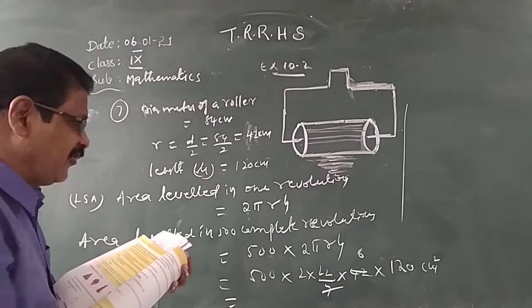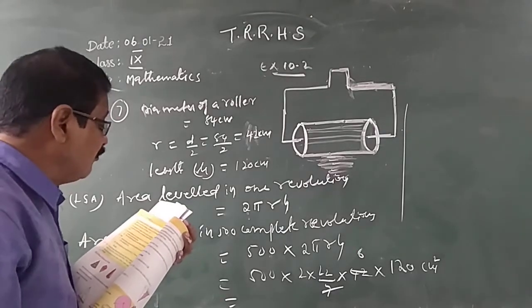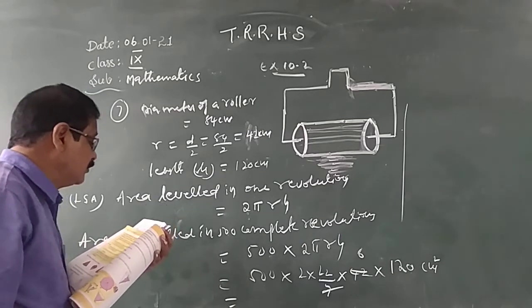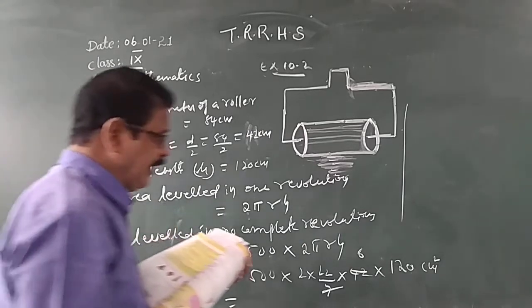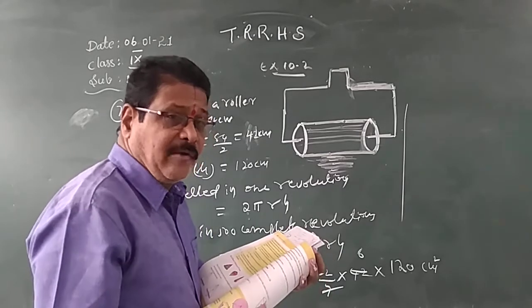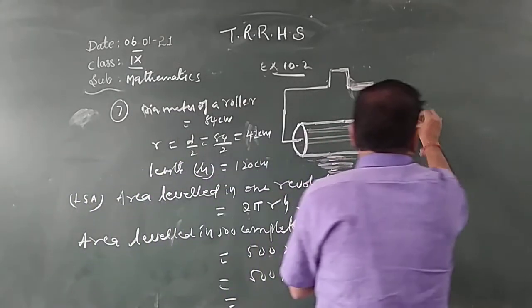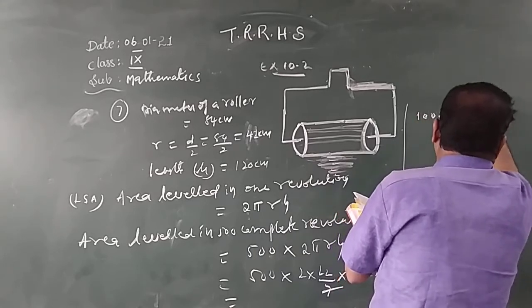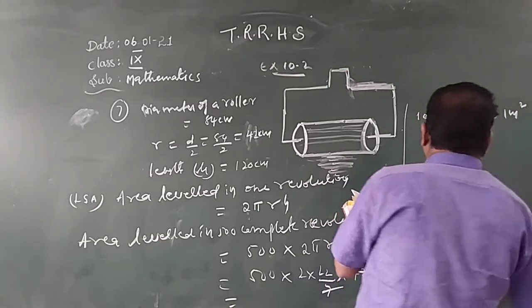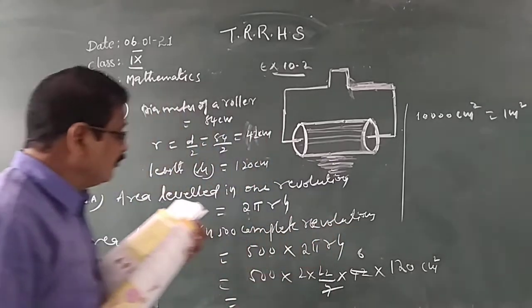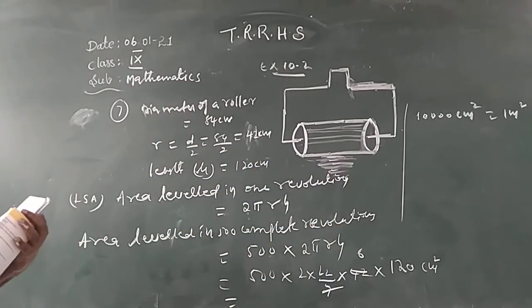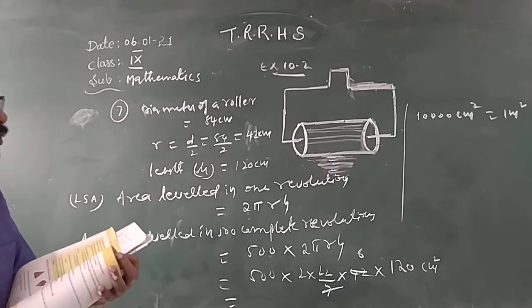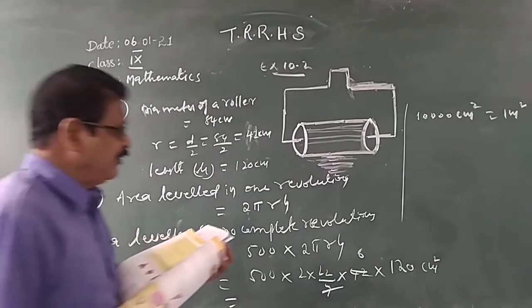Change it to square meters. This is all square centimeters. When you change into square meters, 10,000 square centimeters equal 1 square meter.